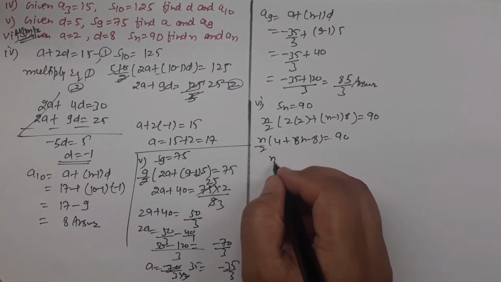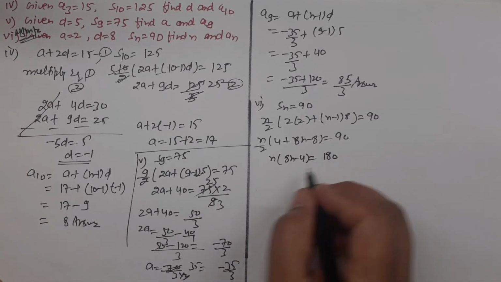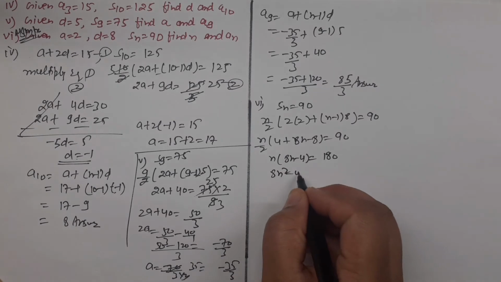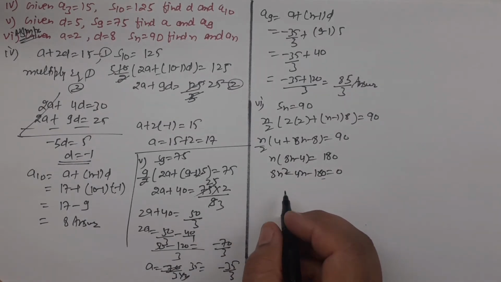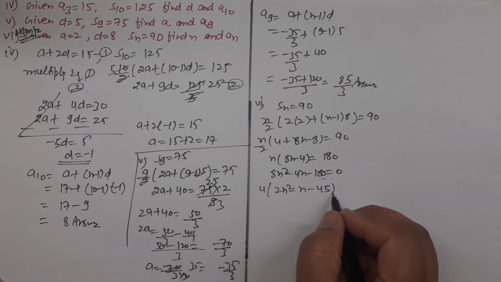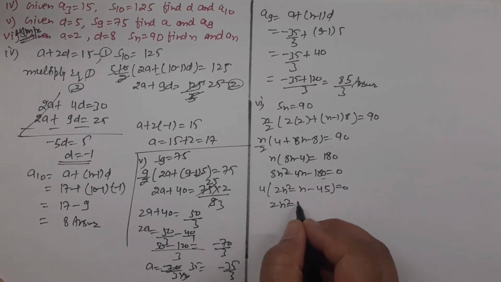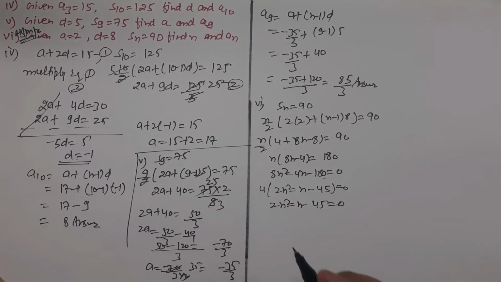Now n into (8n minus 4) equals 180. 8n squared minus 4n minus 180 equals 0. Take 4 common. Then we have 2n squared minus n minus 45 equals 0.